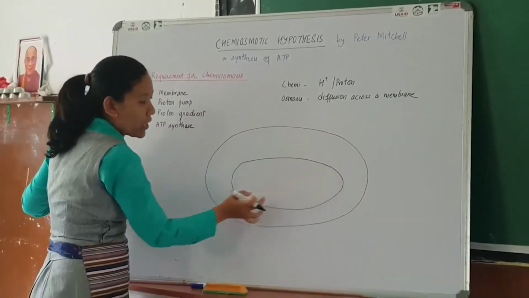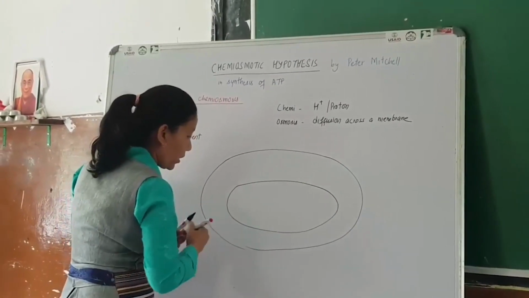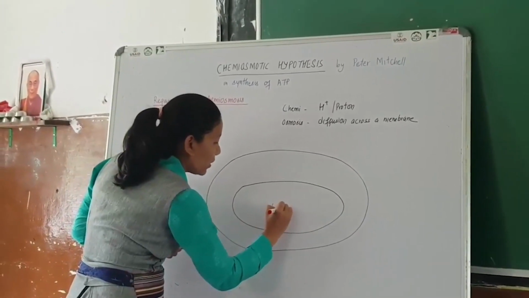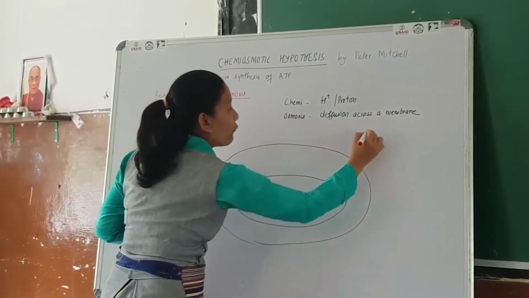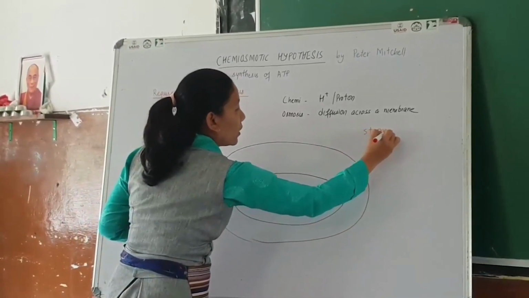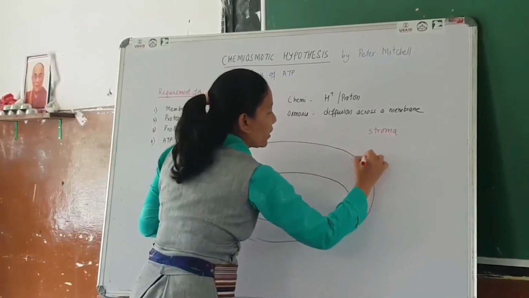This is a single membrane here, and the inner side we call the cavity, that is lumen. The outside of this lumen, the filled field, is called stroma, and this is a thylakoid membrane.